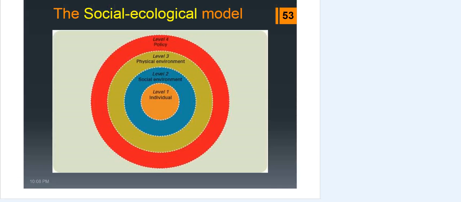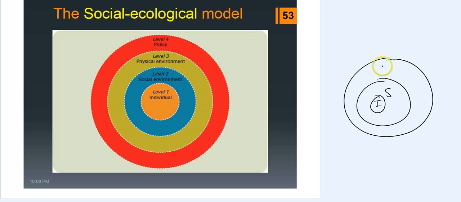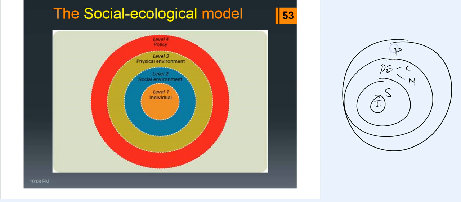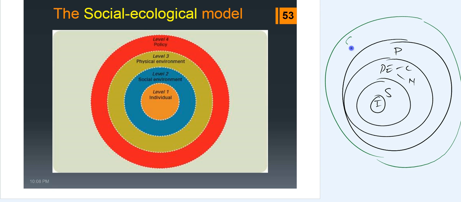This is the diagram that Vika says that we should be using with respect to the social-ecological model. No different to the one that we have continued to use in class. The individual, social, the physical environment, constructed, natural, policy, and the thing that we have included that sits around this is then the setting.